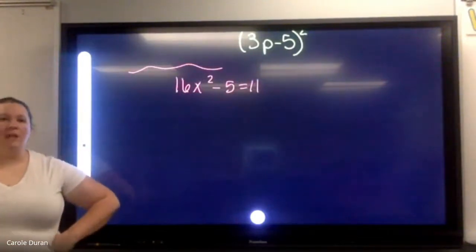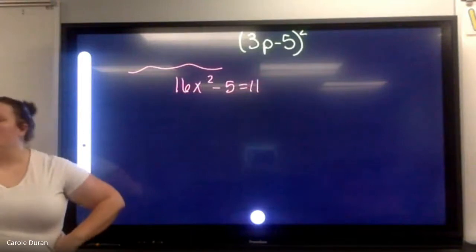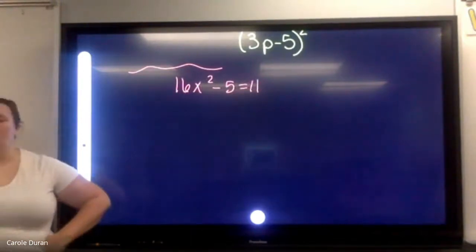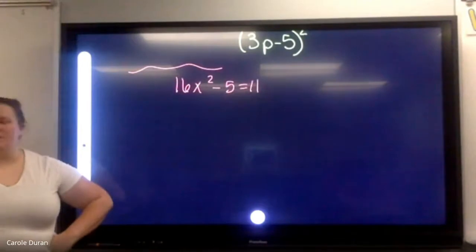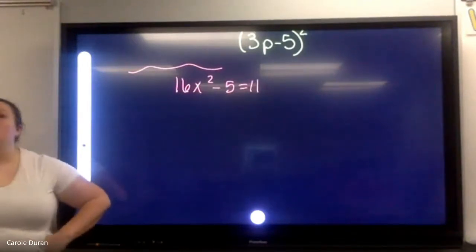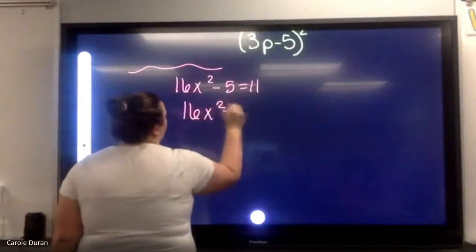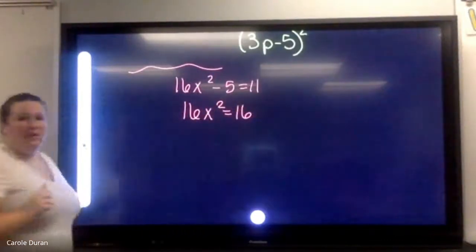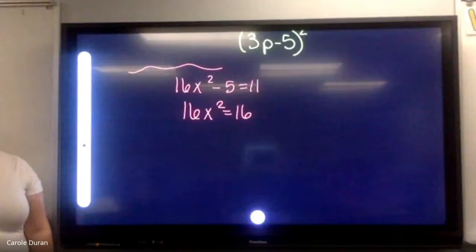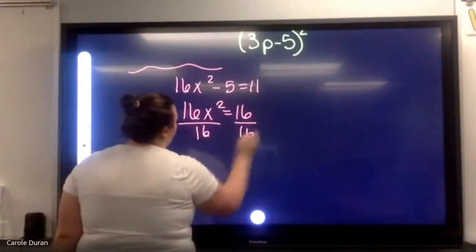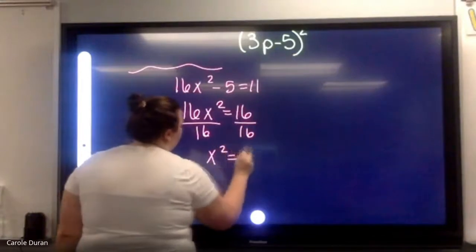This is a quadratic, but it doesn't have 3 terms, so we don't necessarily have to factor it the way we've been always factoring. What can I do to solve this problem? Add the 5 to the right-hand side, which leaves me with 16x squared equals 16. Then what? Divide by 16 to isolate the x squared, which leaves me with x squared equals 1.